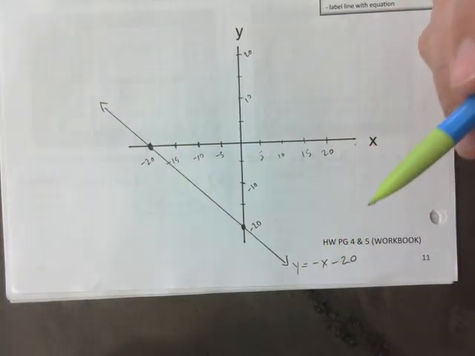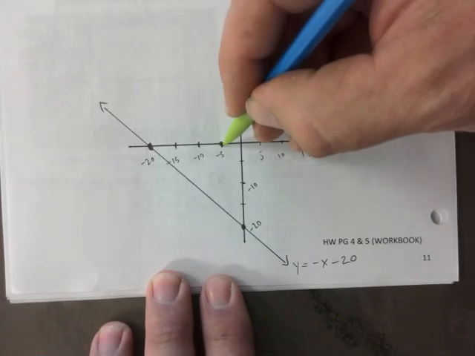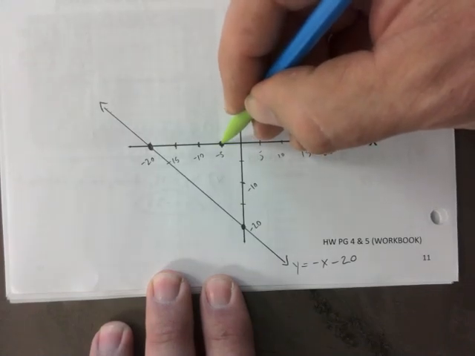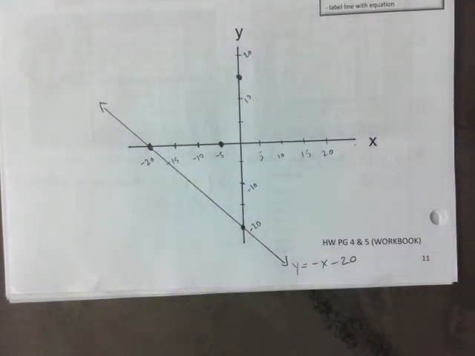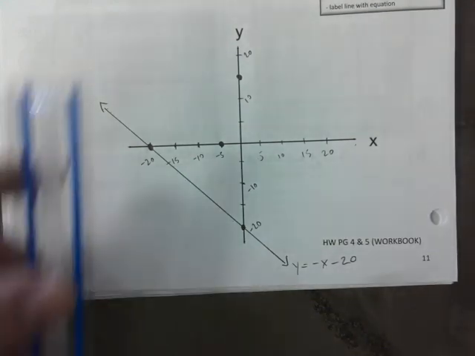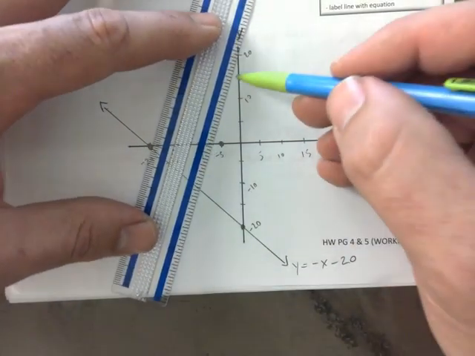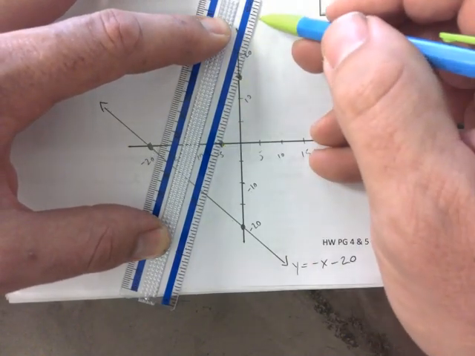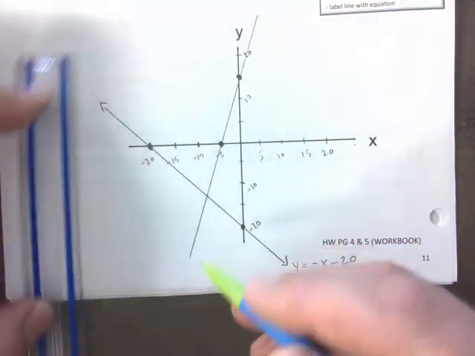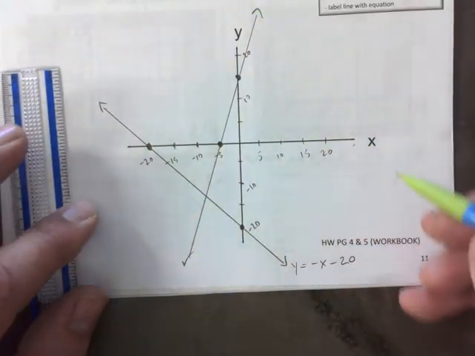And what were the other coordinates? We had negative 5. Keep in mind this might be negative. Some of these lines will have decimals as your intercepts, but that's fine. The other one is at 15 here along the y and negative 5 along the x. Graph that line.